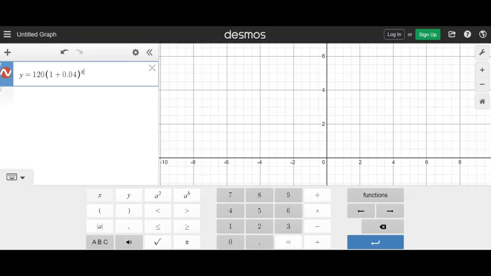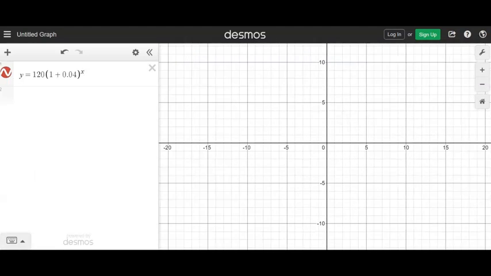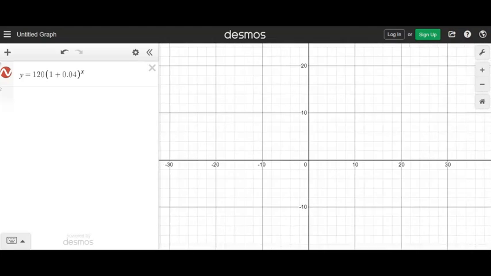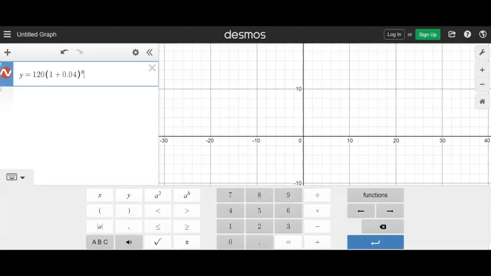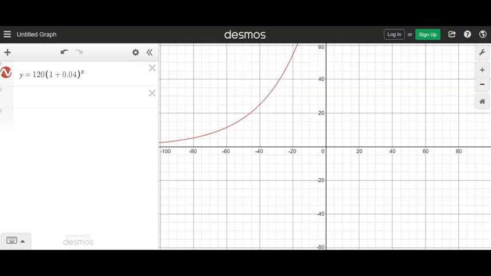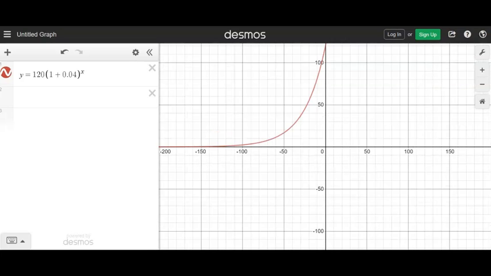And when I do that, if I zoom out on my graph, we can see our exponential function.